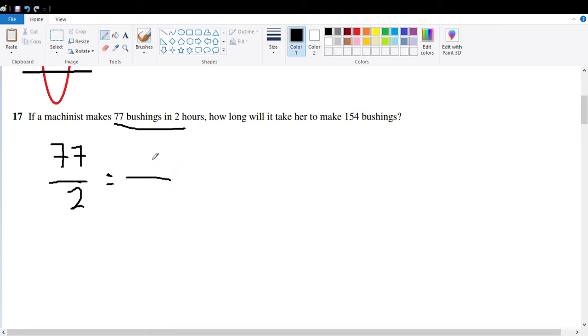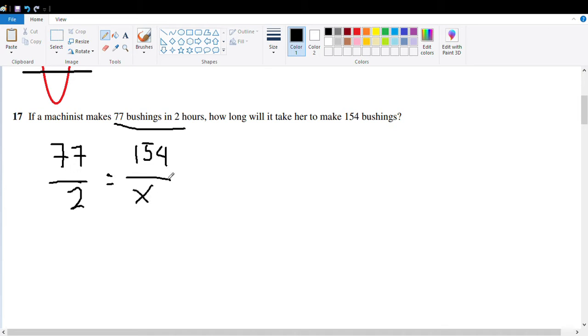Now, if the top is bushings, 77 bushings, and the bottom is hours, what will be on the top? Hours, bushings, or something completely different? It's going to be bushings. It's going to match. So since 77 bushings is on the top, the number on the top will be 154 bushings. And since we don't know the hours, it's going to be x.